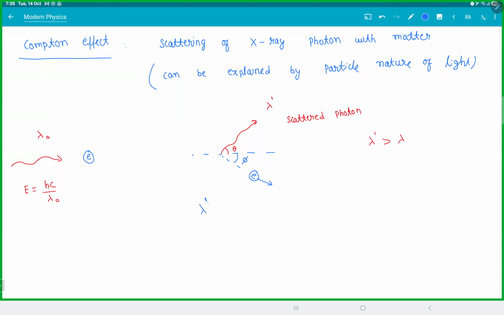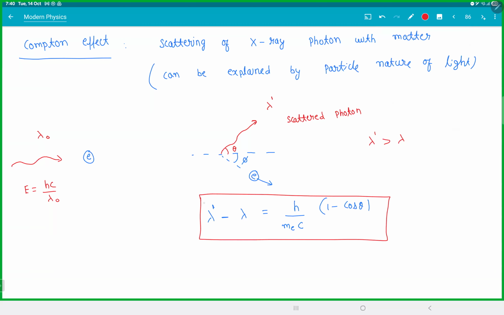So the formula is given by lambda dash minus lambda, that is the change in wavelength, is h by (m c) into (1 minus cos theta). This can be proved with energy and momentum conservation. So that's fine.